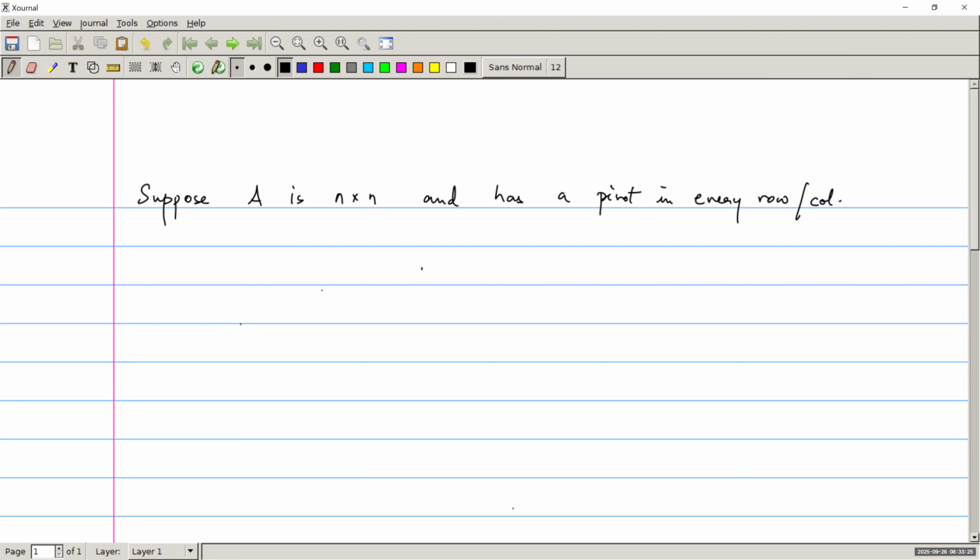Right, so the two outside ones are n by n. The second dimension has to match up with the first dimension. The numbers that are adjacent to each other should be the same, and this number has to be the same as this, so it forces it to be an n by n matrix.